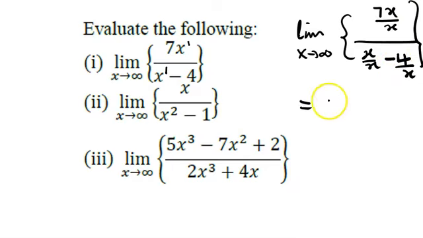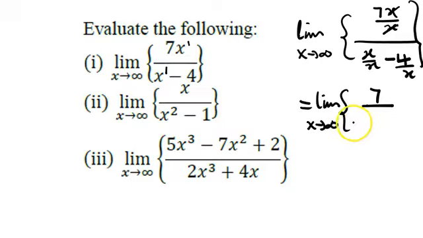So this x will cancel. So we have the limit as x tends to infinity of 7 over 1 minus 4 over x. So we have been able to simplify. Let's put in the infinity.